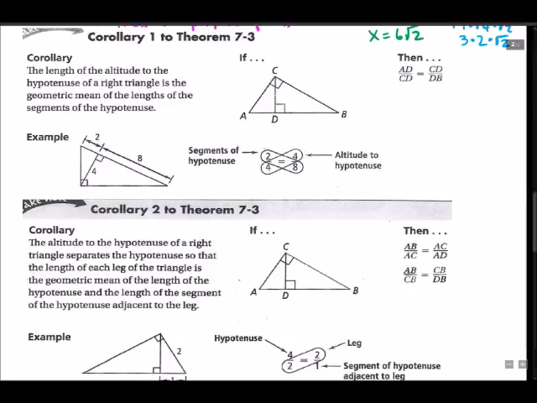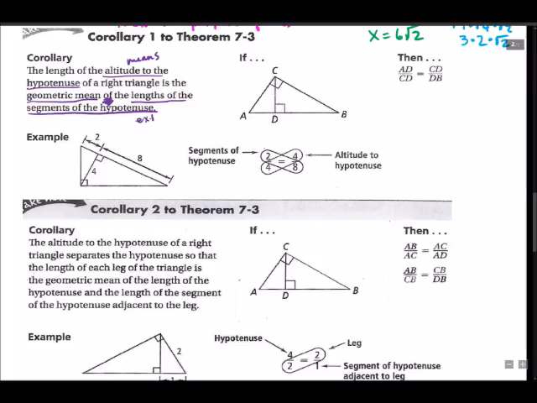Corollary 1 says the length of the altitude to the hypotenuse is the geometric mean of, and this is going to give us our two values. So our altitude to the hypotenuse, the length of our altitude, is the geometric mean. So this is our means. The lengths of the segments of the hypotenuse.